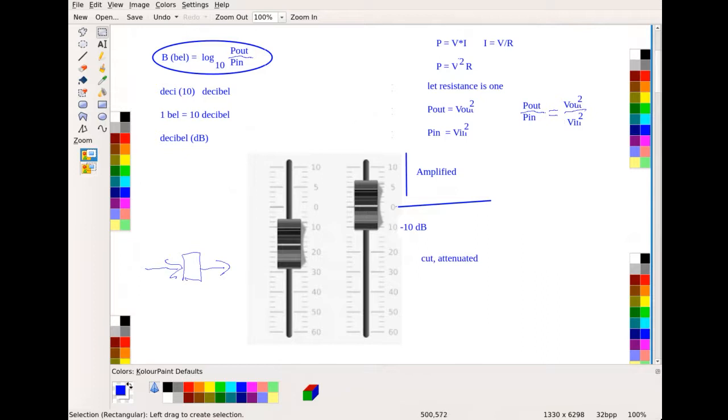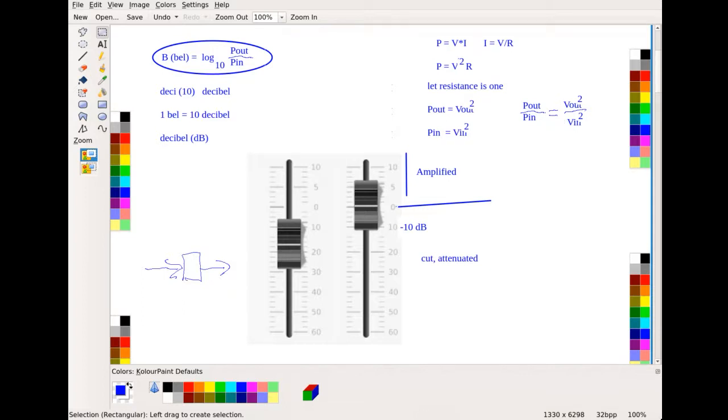Now, you might be like, well, why don't you just say the power? Well, the problem with looking at power is what happens when you amplify really, really large. We get to this issue also with our frequencies.